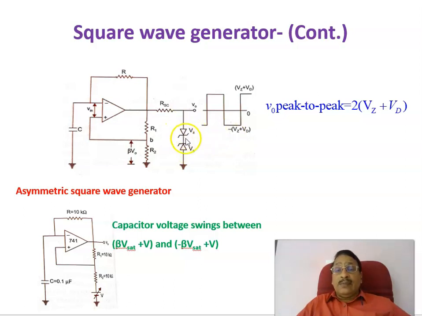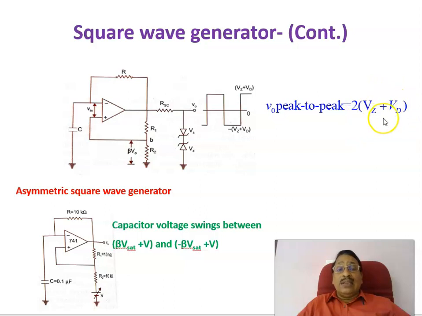Then the output voltage will be plus VZ on one side, the V0 peak becoming VZ plus VD, and on the other side minus of VZ plus VD. The total peak to peak voltage of the square output will become twice VZ plus VD.